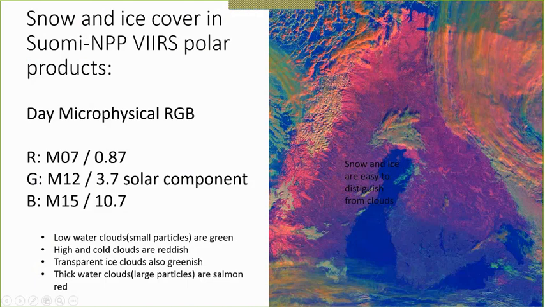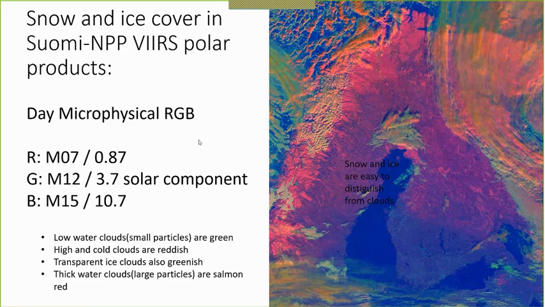But then we have a lot more information about the microphysics of the clouds, especially here in Sweden, where we have areas with big water clouds with large particles that are more like salmon red than green when we have small particles. So it's a really nice product all in all.